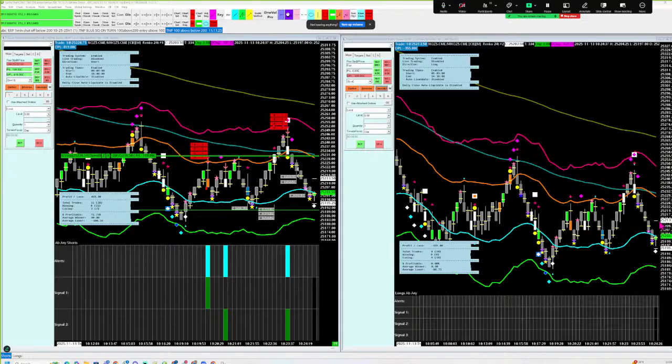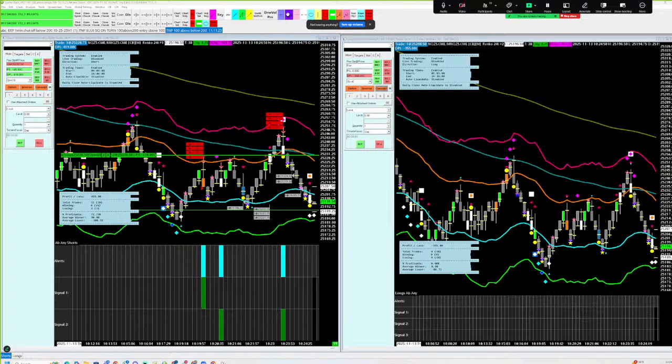We need one more trade in there to run through smoothly. Should get that last scale.